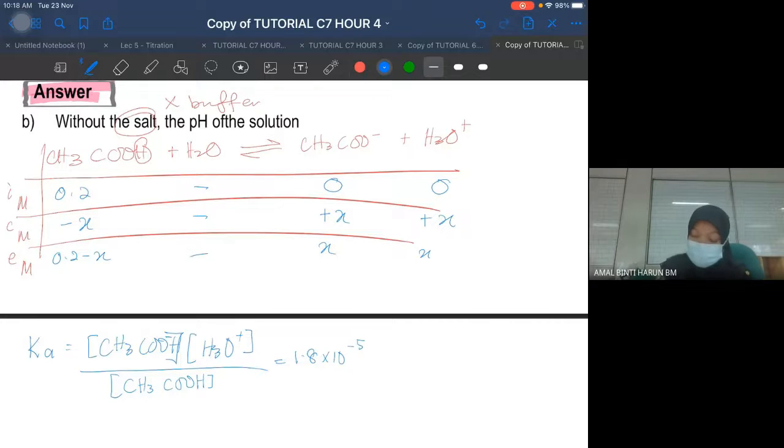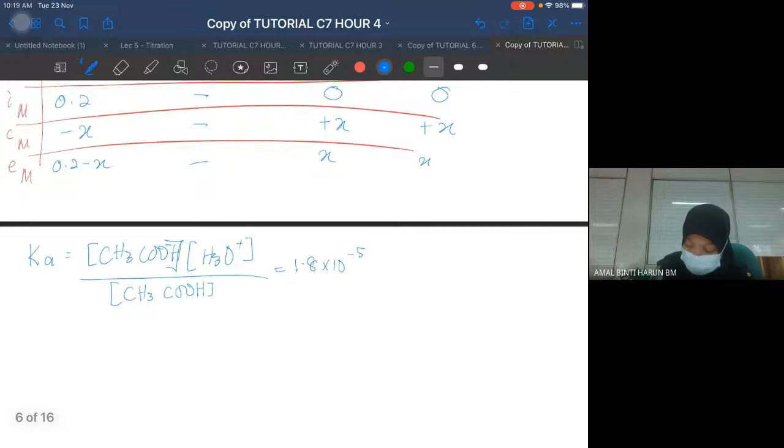Okay, kita ada dua cara. Sama ada you nampak kat sini, since dia start dengan negatif 5, so it's considered very small. Very small tu negatif 5, negatif 6, negatif 7. So since it is very small, kita boleh assume, okay, since Ka is very small, meaning that kalau initial concentration dia 0.2 tolak X, dia akan menghampiri nilai yang asal, which is 0.2.